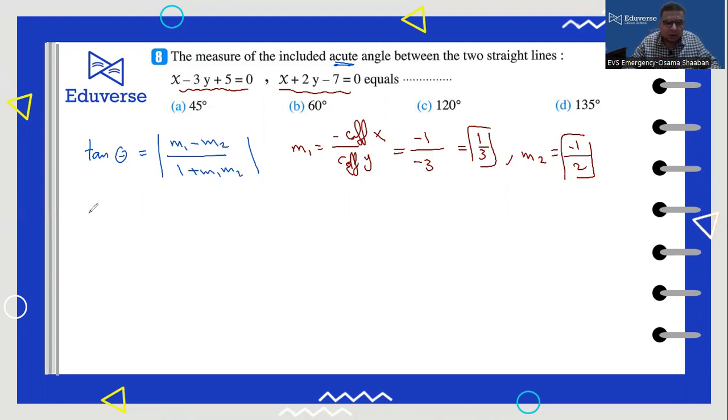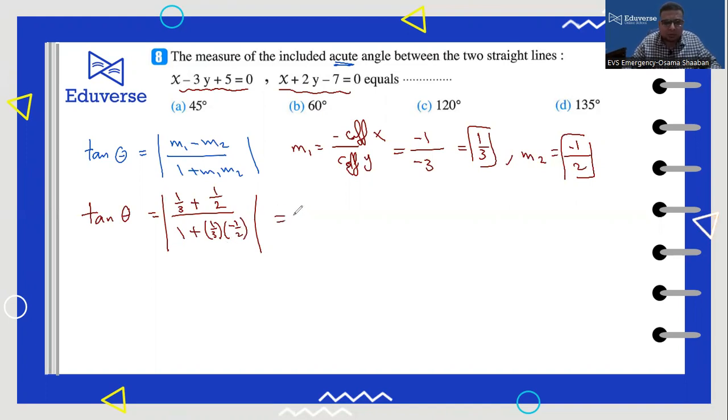So tan theta equals the absolute value of m1, which is a third, minus m2, which is minus minus, will be plus 1 over 2, over 1 plus m1, which is a third, multiplied by negative 1 over 2.